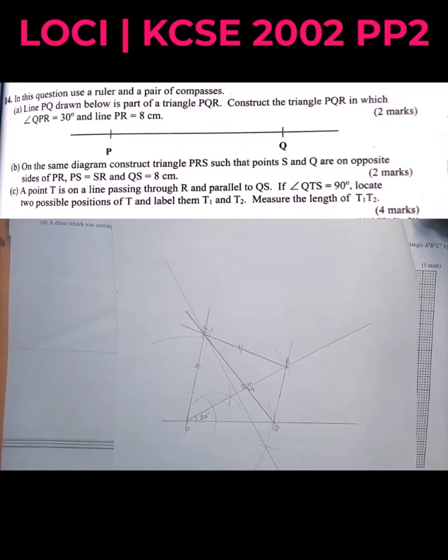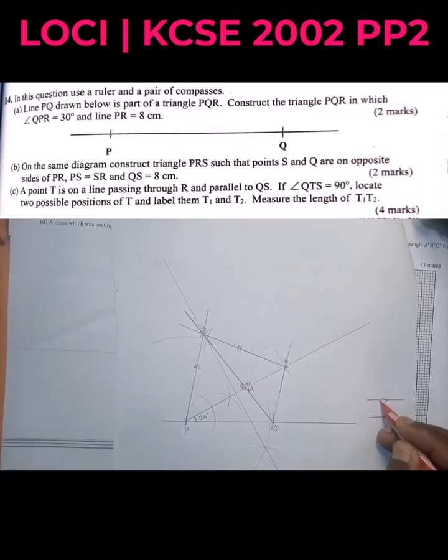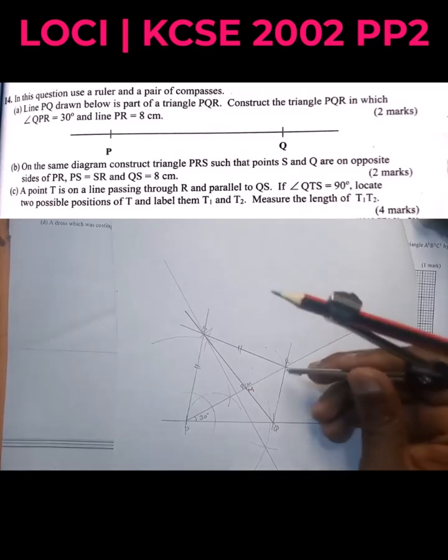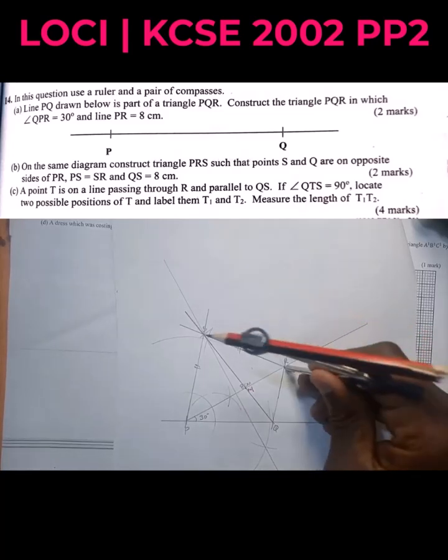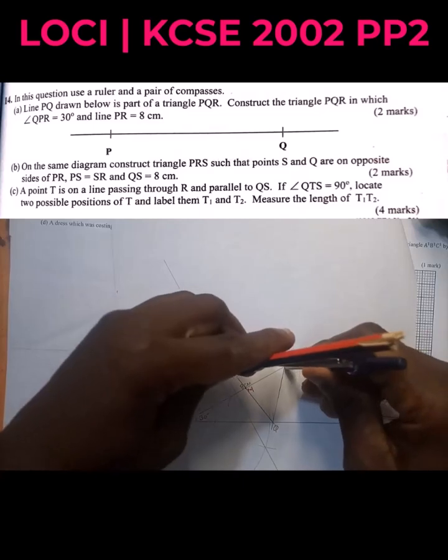You know very well that if you have two parallel lines, the perpendicular distance between them should be constant. So I want to get this distance. To get that perpendicular distance, I'll simply stand here and drop a perpendicular to QS.